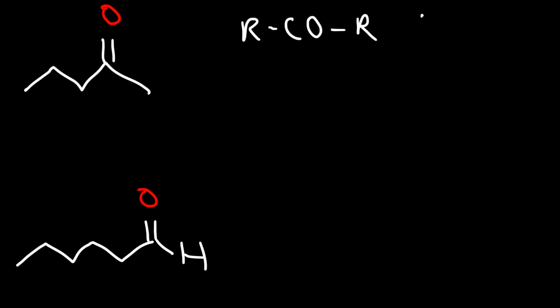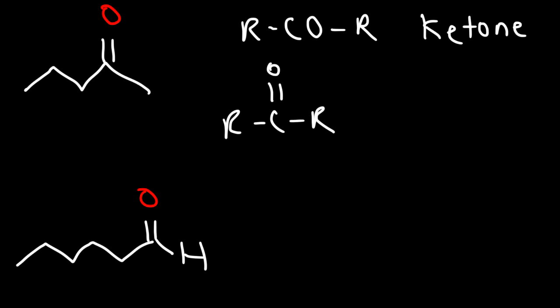If you see that, this is a ketone. The oxygen looks like this. Now this particular ketone has 5 carbon atoms, and this is known as a carbonyl group. Let me see that carefully.